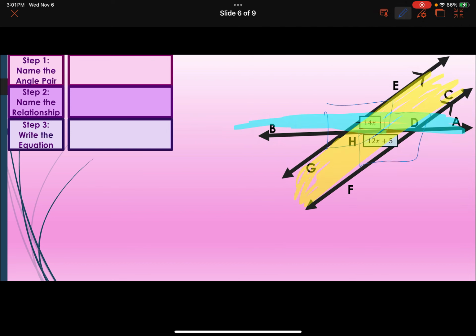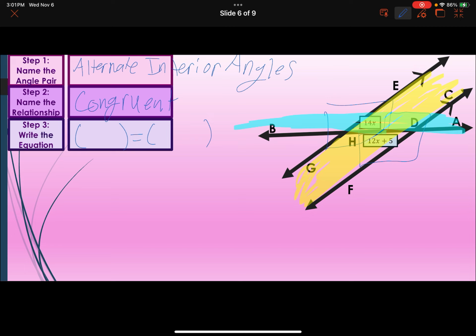So we can see they alternate, and on the inside, so that would be alternate interior angles. Alternate interior angles are, again, check the poster, congruent. And congruent means we set up those parentheses with the equal sign in between, and then we just plug things in. So 14 and 12x plus 5.